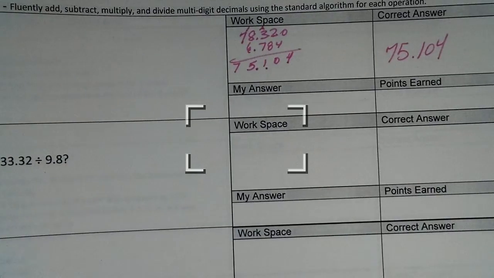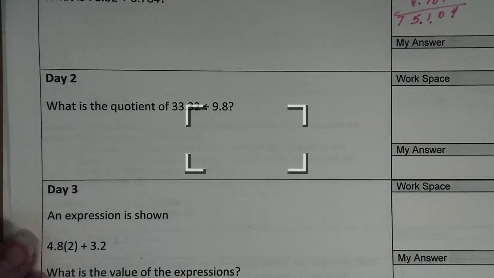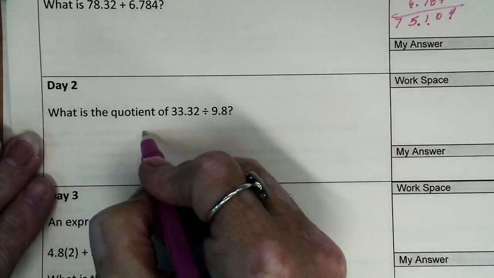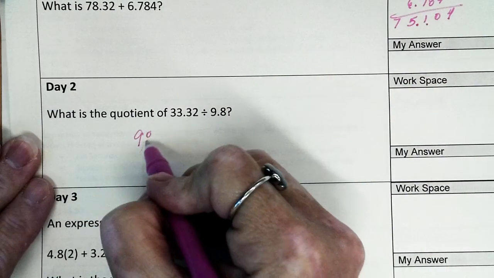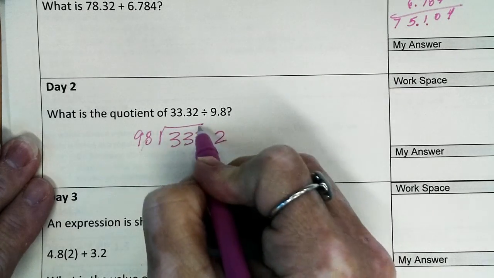All right, number... For a second, I'm like, wait, we're adding. Yep, we're adding. All right, number 2, we are dividing. So remember, we have to make the 9 and 8/10 a whole number. So 98 divided into 333.2.